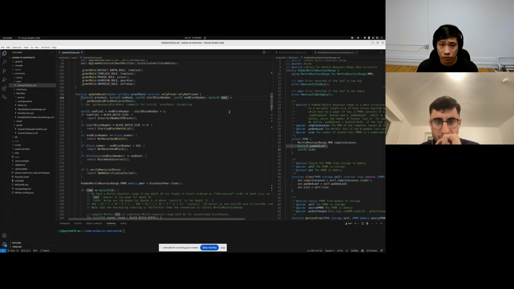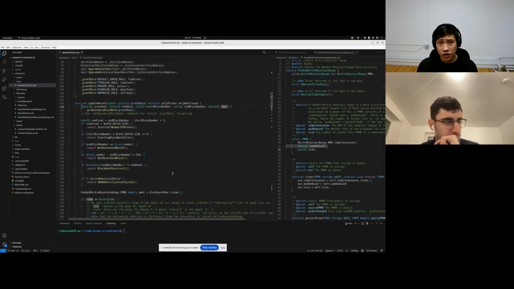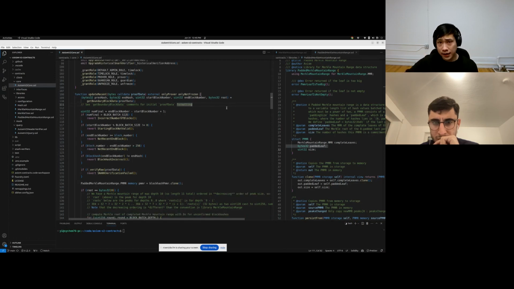And finally, the root is the Merkle root of the zero-padded Merkle tree of size 1024 with those block hashes. And so the idea is that we allow ourselves to replace the suffix of our padded Merkle mountain range with the Merkle root that is provided here. And thereby extending the set of block hashes that we're actually committing to in our contracts.